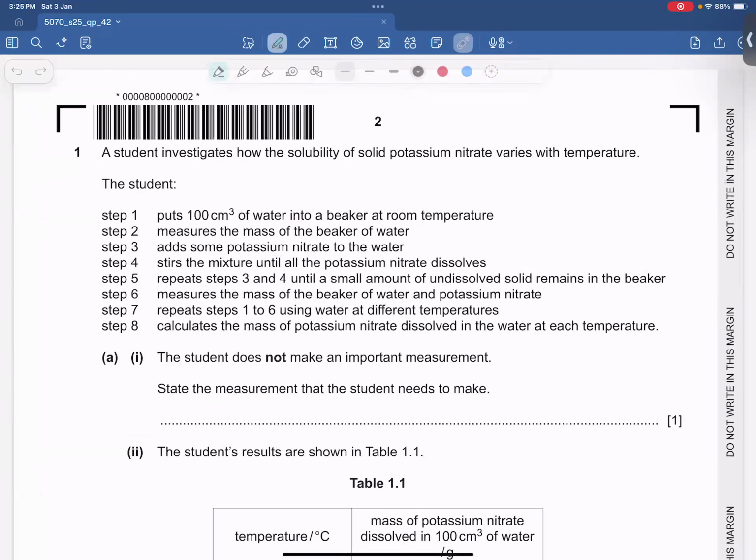A student investigates how the solubility of solid potassium nitrate varies with temperature. I've told you in the last variant, that is in variant 41, that solubility is basically the mass of solute in gram.